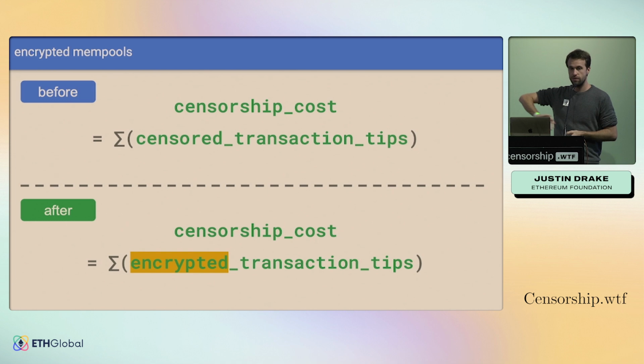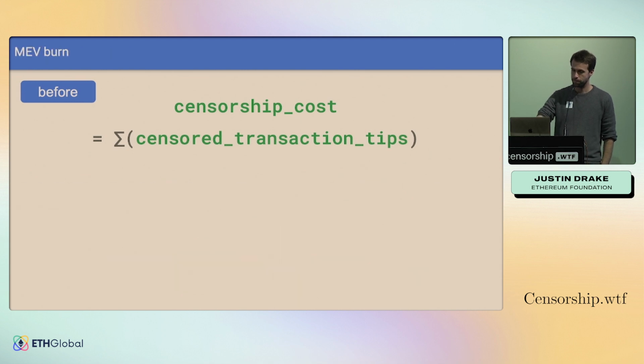Or I just censor all the encrypted transactions. But if the vast majority of transactions are encrypted, then I have to basically censor everything. And so the cost of censorship goes up dramatically, maybe by a factor of 1,000x here.